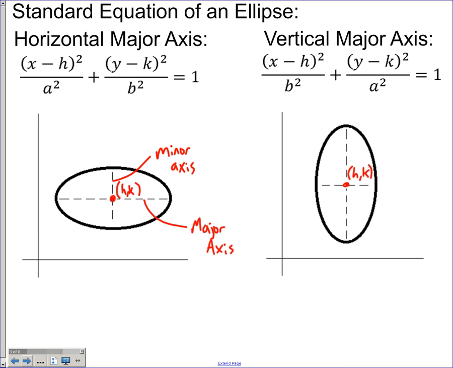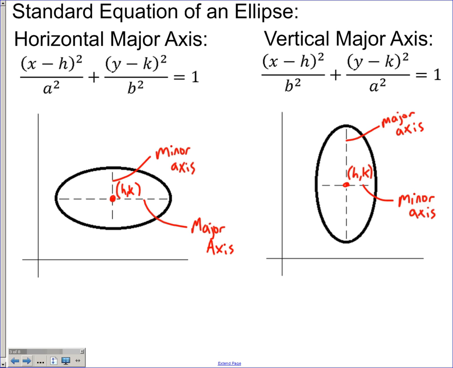Likewise on the other, our horizontal axis is now our minor axis. It's smaller. And our vertical is our major axis.